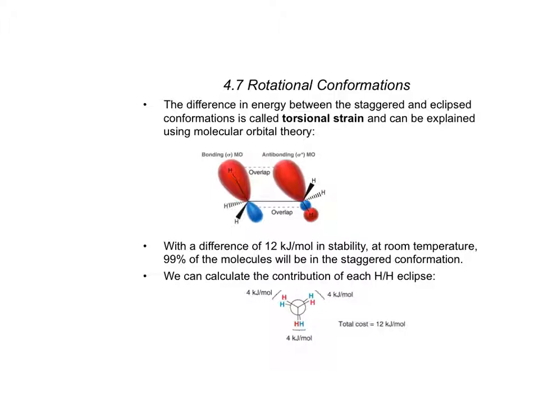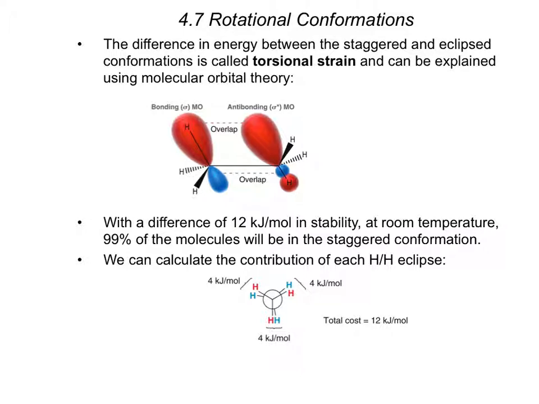Now, most important though, we can calculate how much each of those hydrogen-hydrogen eclipses cost, because we know that the difference in energy between the staggered and the eclipse is 12 kilojoules per mole, okay? So if the total energy is 12 kilojoules, how many hydrogens actually eclipse one another in that eclipse conformation?